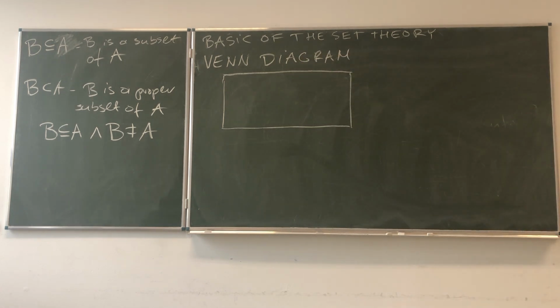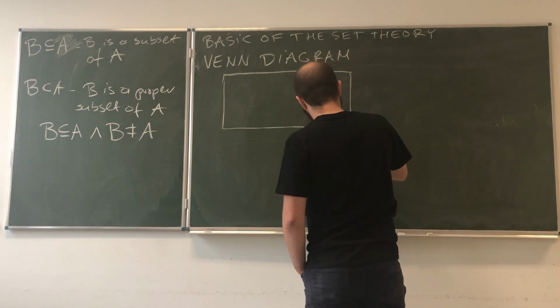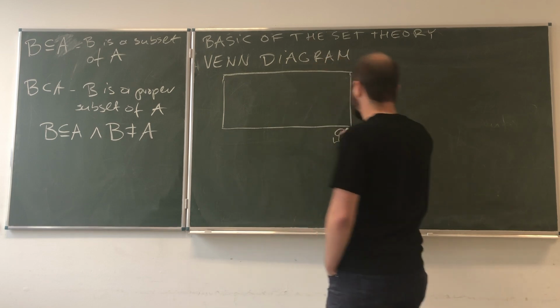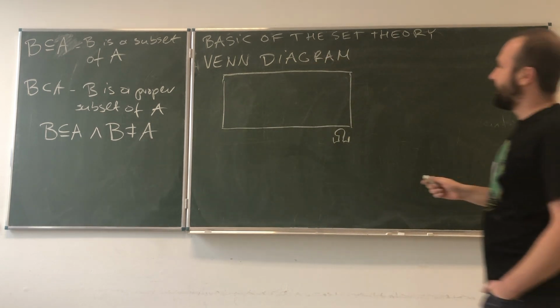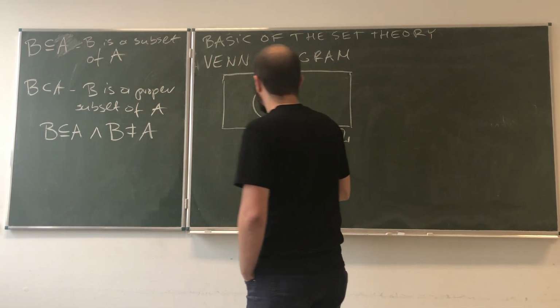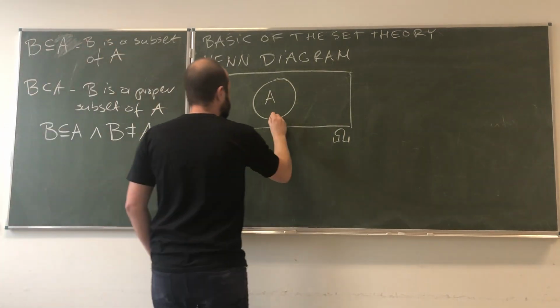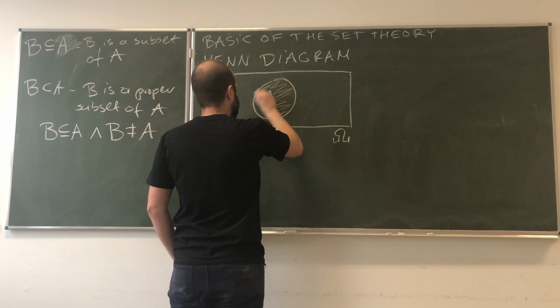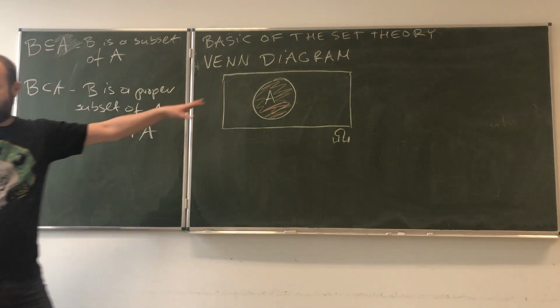This is some rectangle. Now, all the elements within are our universe, right? This is like our universal set. Now, within this, we can draw some subset A.